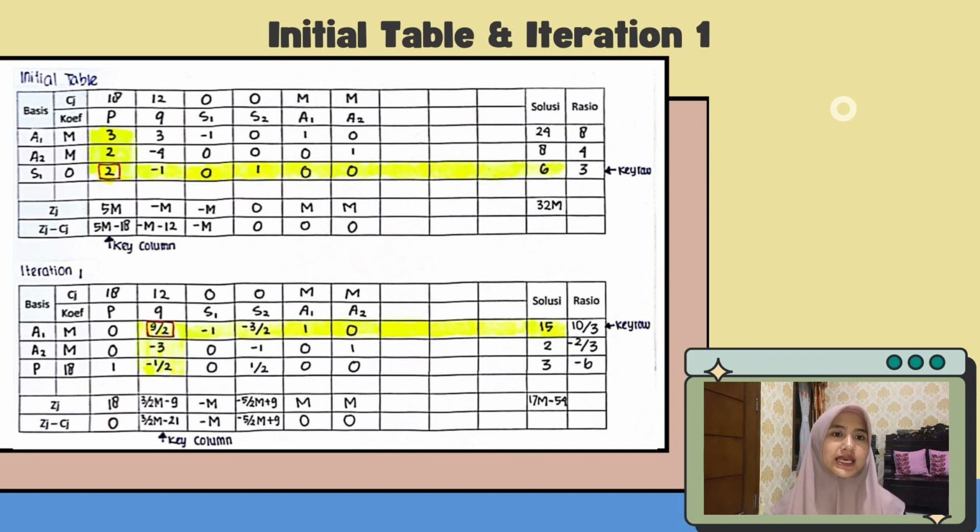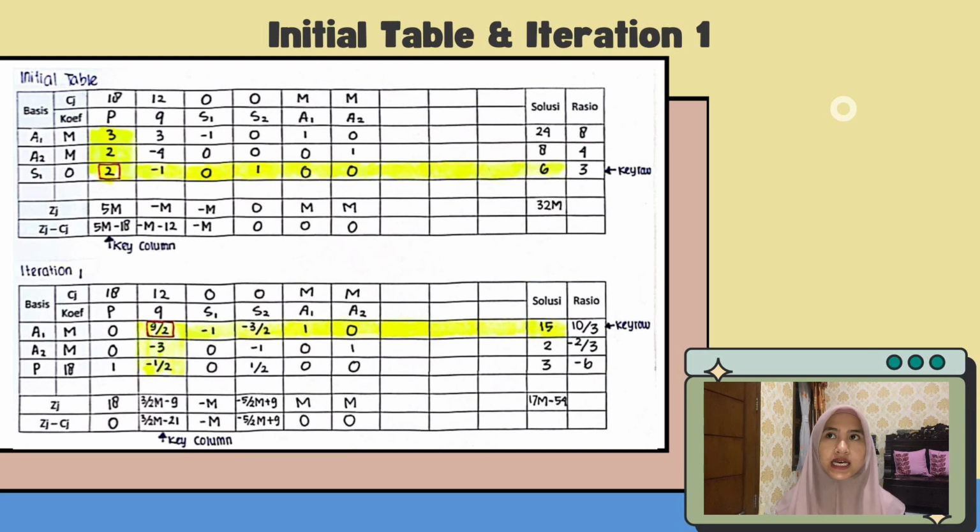First, we fill in the initial table based on the objective function and constraints. Because there are artificial variables, we use the big M method. So, for each a1 and a2, we assign the coefficient M. M is a very large number. Then we operate using the simplex method.